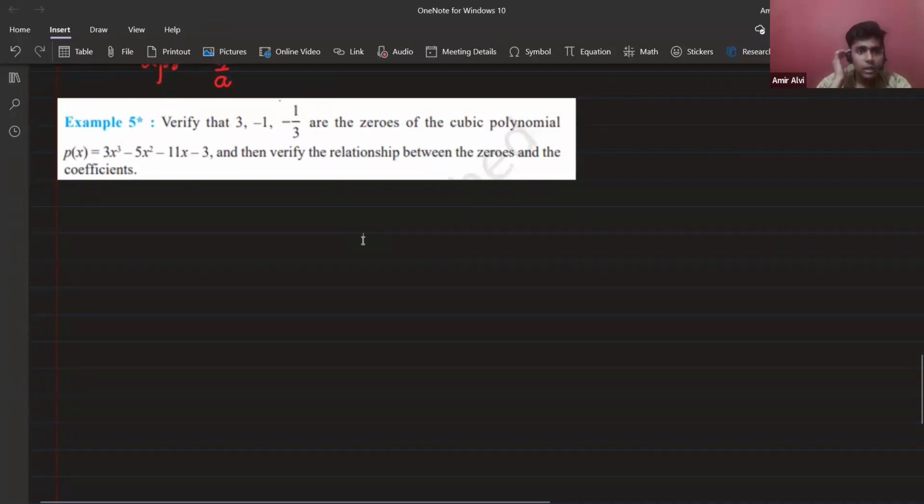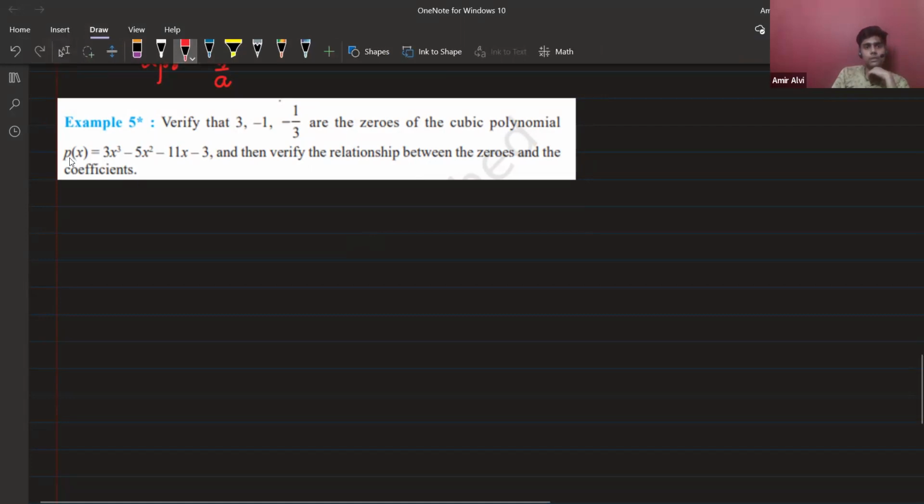Verify that 3, minus 1 and minus 1 by 3 are the zeros of the cubic polynomial given here, and then verify the relationship between zeros of the polynomial and the coefficients. So what will you do first?